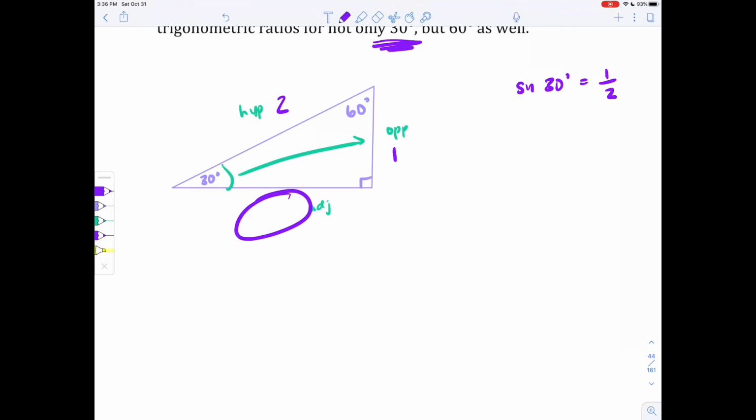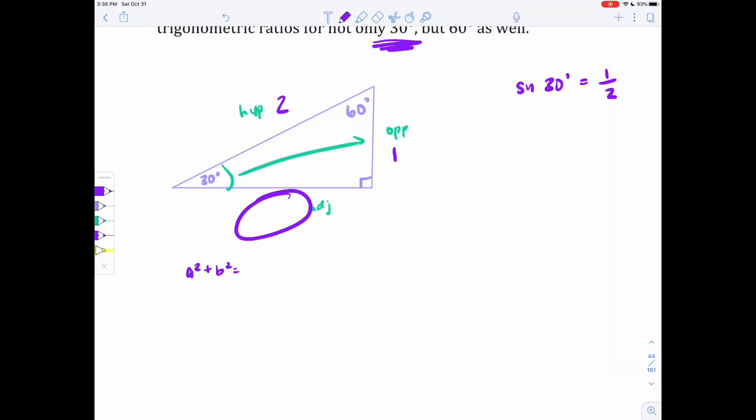So what we're going to do is use the Pythagorean Theorem. We know that a squared plus b squared is equal to c squared.